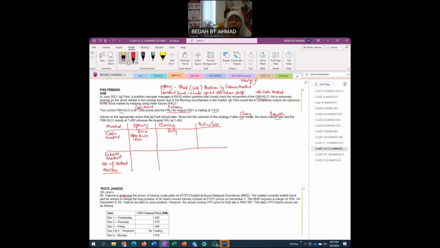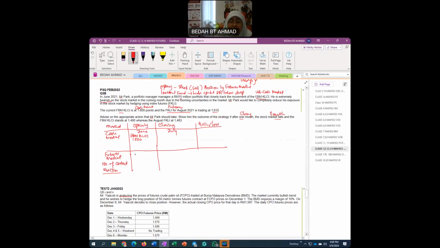So the closing is near August. Wait a moment. He buys the contract with closing in July, because he wants 1 month after, but he buys the FKLI contract for August. Sometimes you can close earlier, no problem.